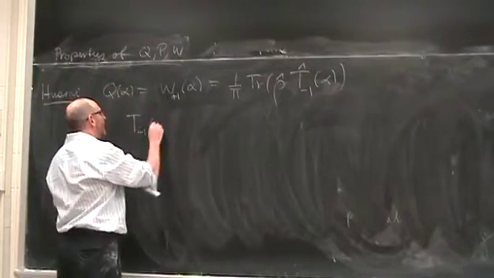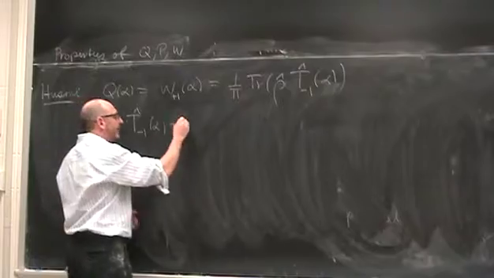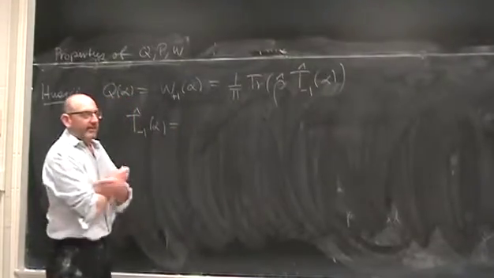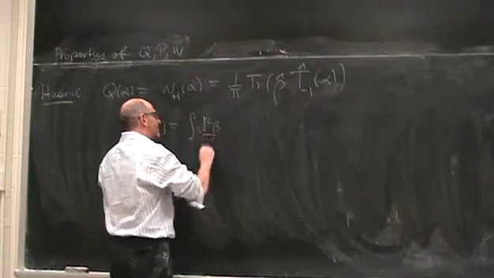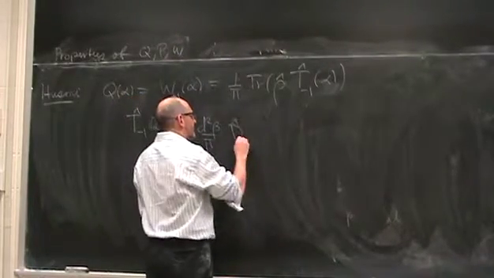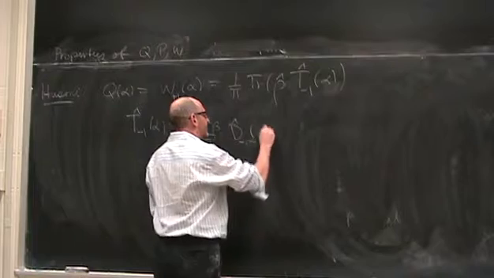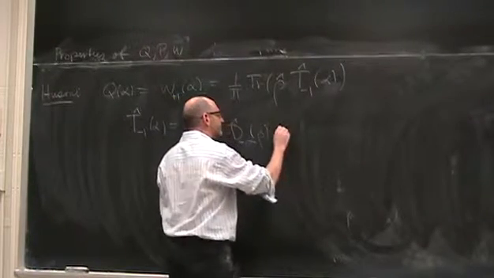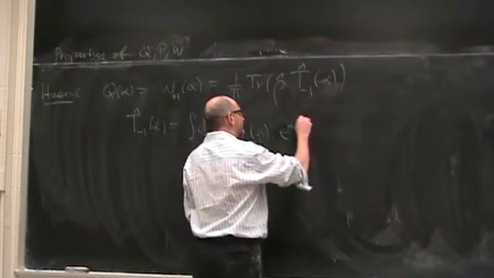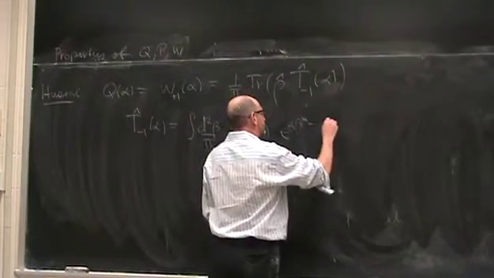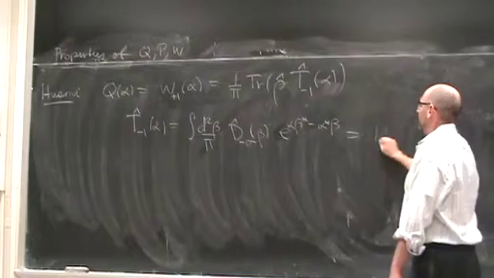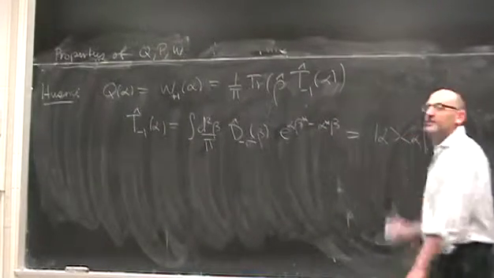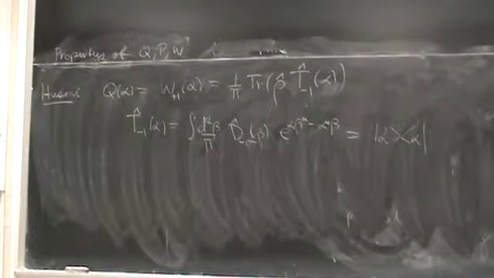T minus 1 of alpha is the Fourier transform of the antinormal order. You know what this is? The projector onto a coherent state.